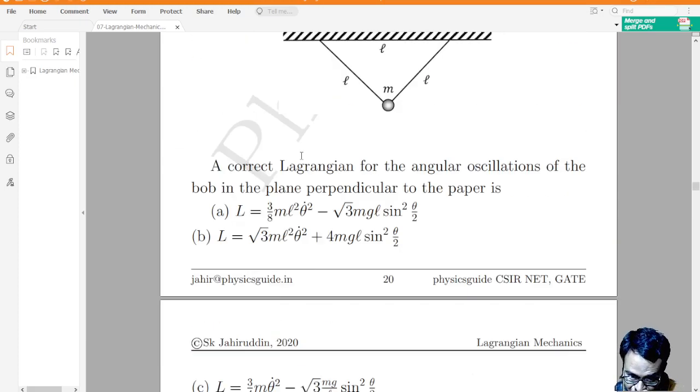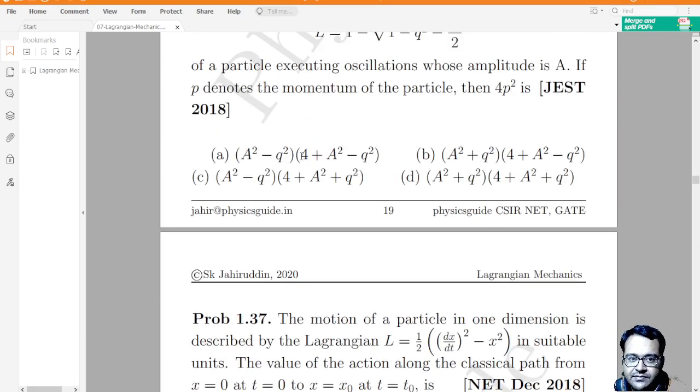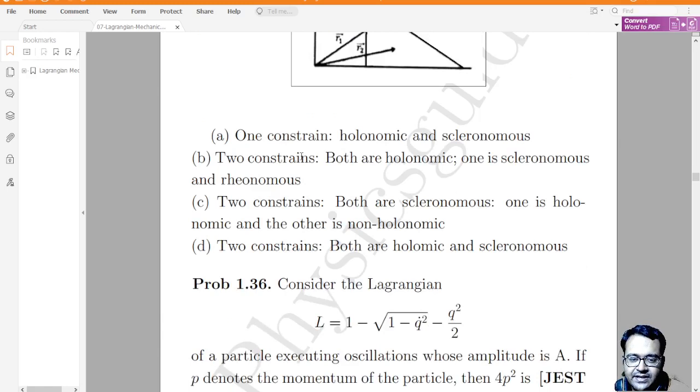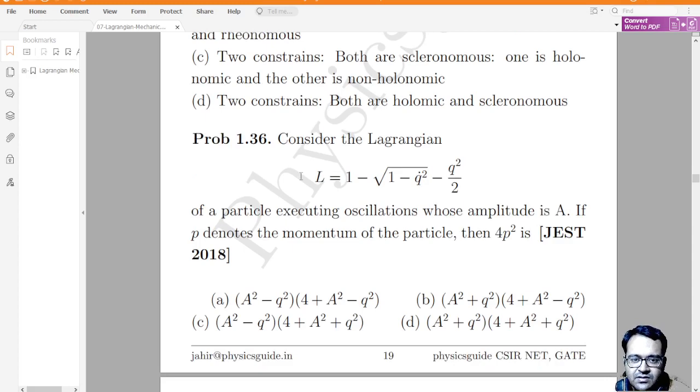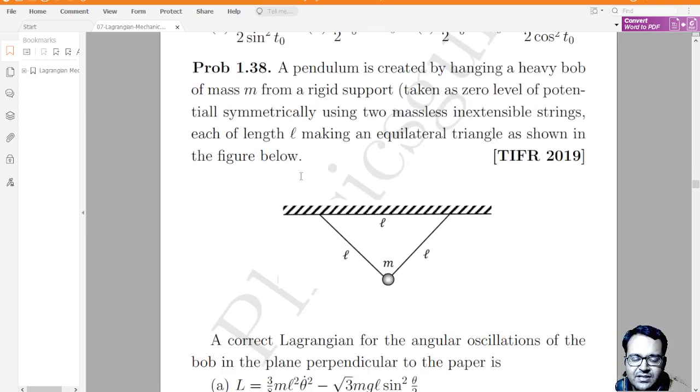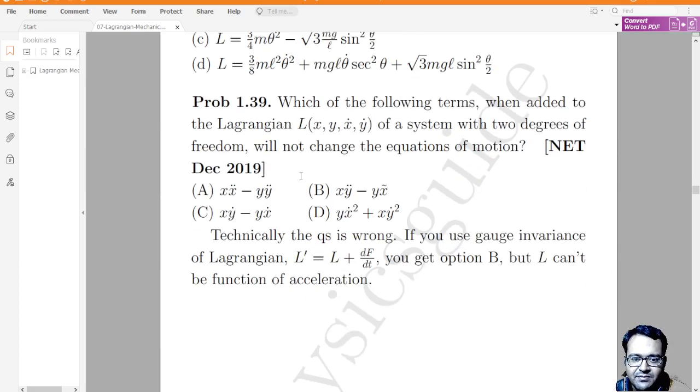If you did till question 35, then you attempt 36. If you directly attempt 36, then you are not going to get anything out of it. So just do one by one. Don't skip. Do 36, then do 37, then do 38, one by one.